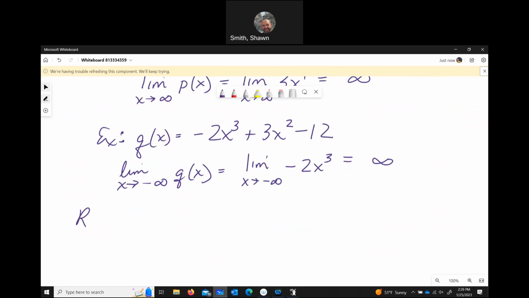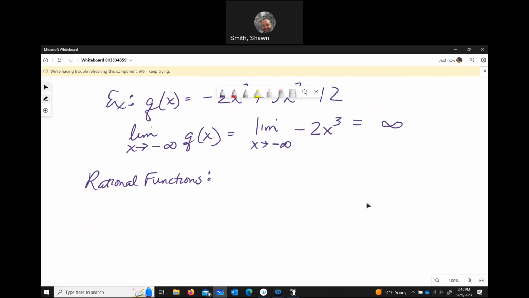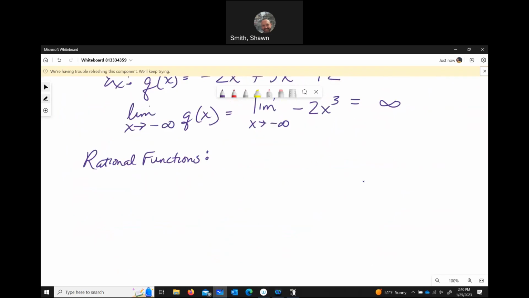Rational functions. These are easy. Y'all have done these before. All right, so you remember what the trick is?